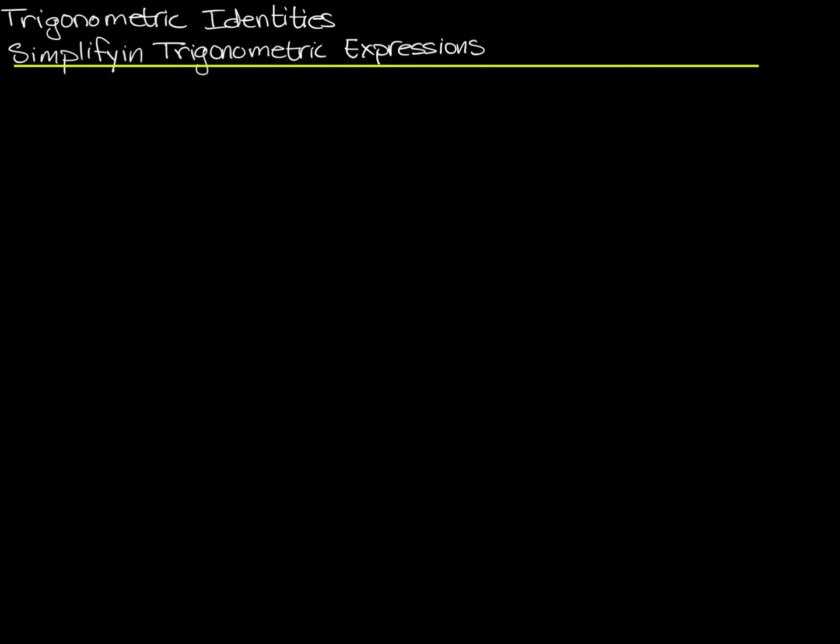For example, if I asked you to simplify cosine theta over sine theta, you'd be able to say, well, that's just tangent theta. Actually, it's not. It's cotangent theta. The answer here is cotangent theta. You have simplified this expression.